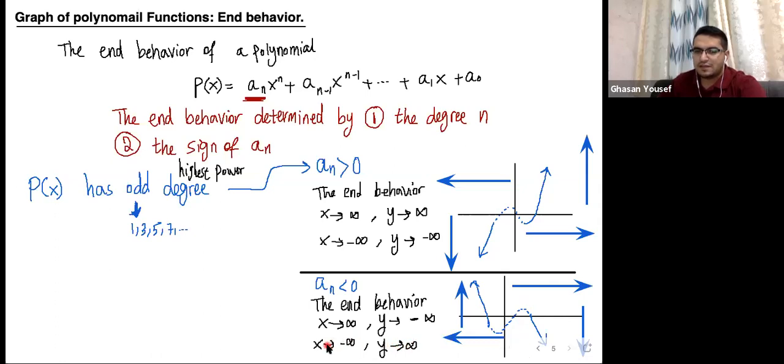And when x goes to minus infinity, the y value becomes larger and larger, goes to positive infinity. This is the first one, for the odd degree.